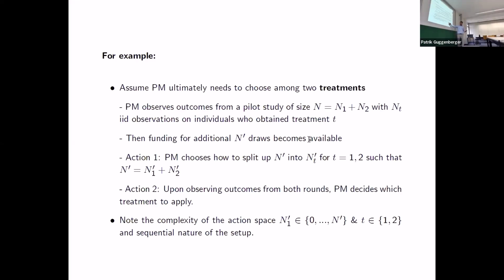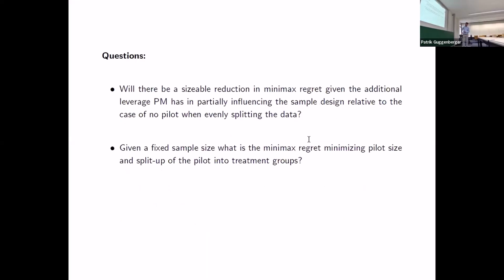Okay, N prime could be 100, so we have to pick a number from a set of 100 possibilities. And then only then, that seemingly much simpler thing has to be decided upon, which treatments to pick from a set of 2 treatments. And then we also have the sequential nature of the setup. So a seemingly much more complicated setup.